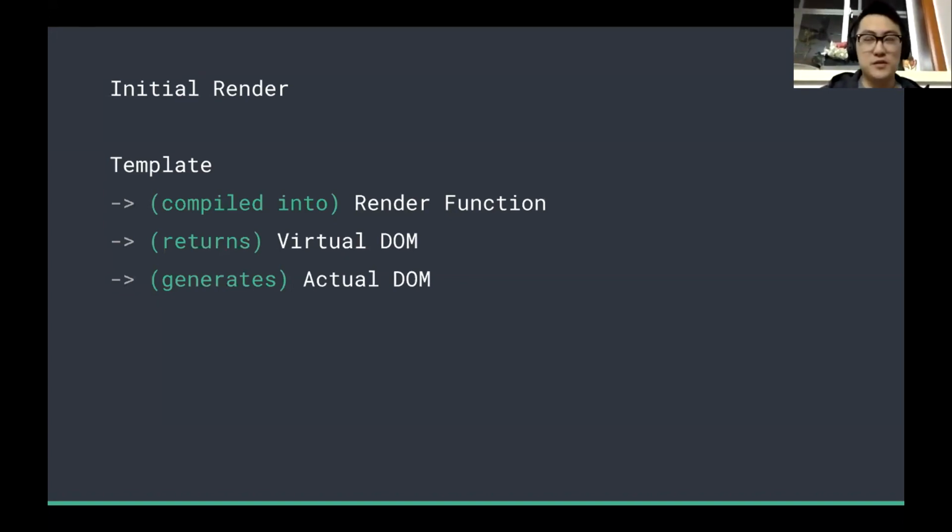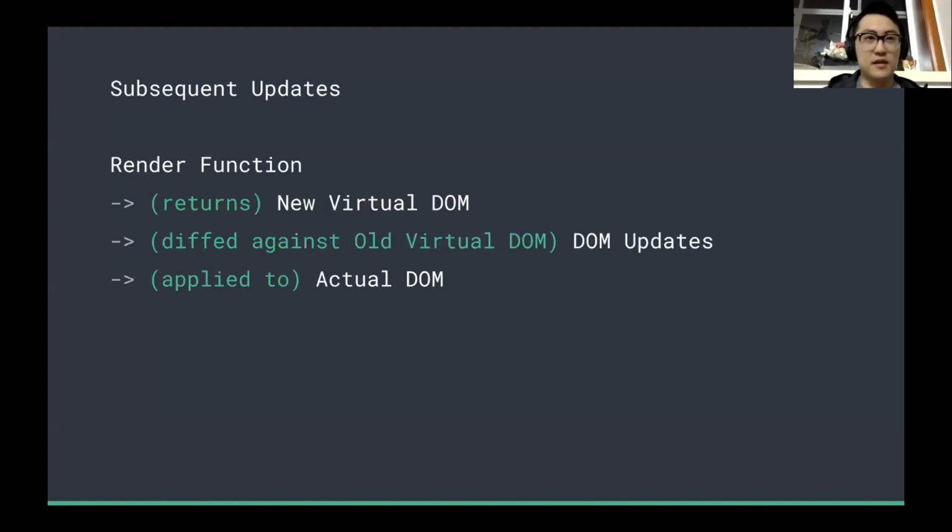Now we're going to dive in and explain a bit more about what each of these actually means. But before that, on subsequent updates, how does Vue know what to change? Because we have the render function from step one, whenever some data changes in a component, we'll call the render function again.